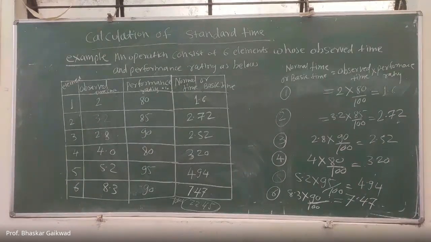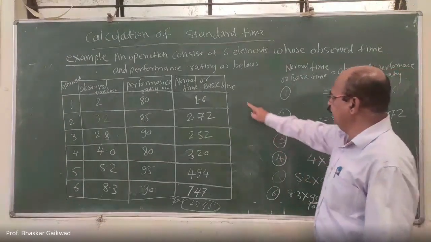Similarly for the fourth reading, similarly for the fifth reading, and last, the sixth, 8.3 into 90 divided by 100, normal or basic time is 7.47. So all these six normal or basic times you can write in this column. So all these readings, you can write here.